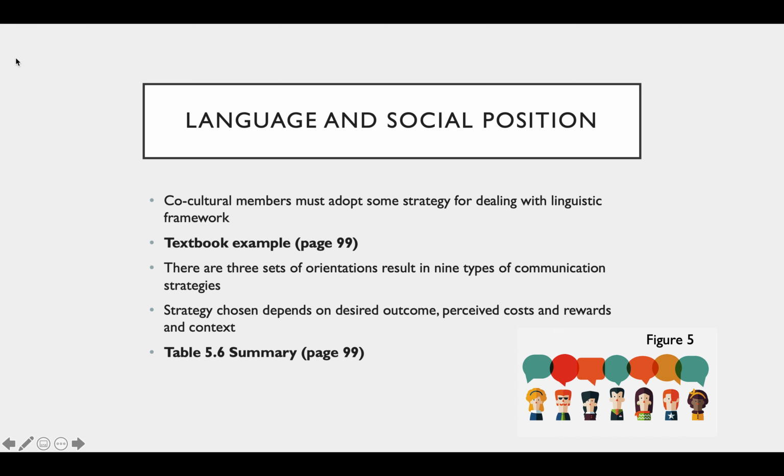Please look at table 5.6 at the bottom of page 99, which shows the separation, accommodation, and assimilation strategies. They can pursue these three strategies in a non-assertive, assertive, or aggressive manner. These are the communication orientations that we will go into.